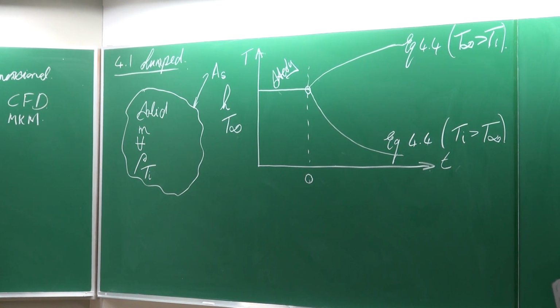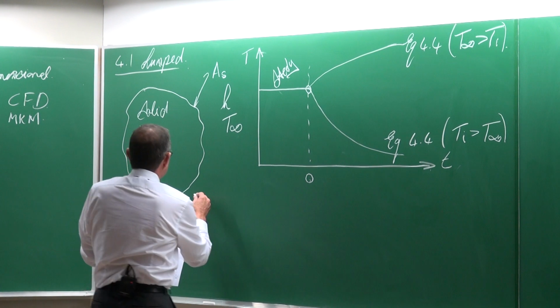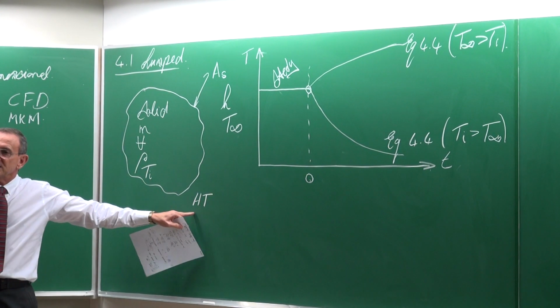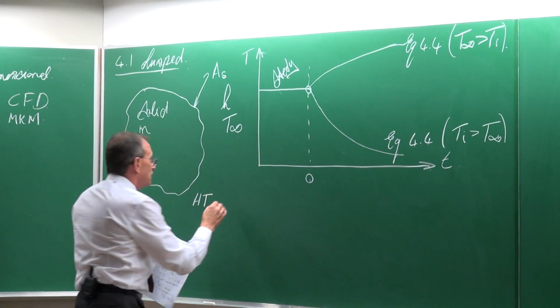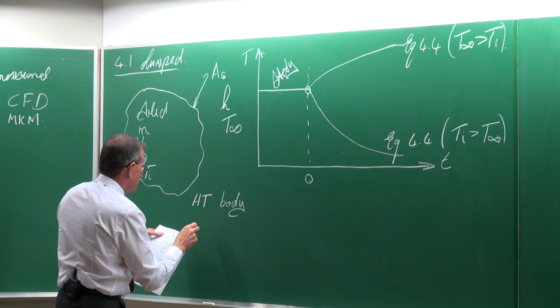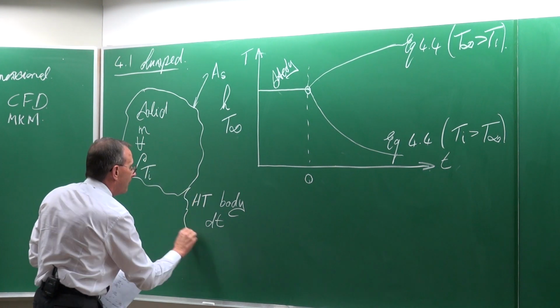Now let's get to equation 4.4, and we do that by looking at the heat transfer. Q is the heat transfer into the body during the time period dt.